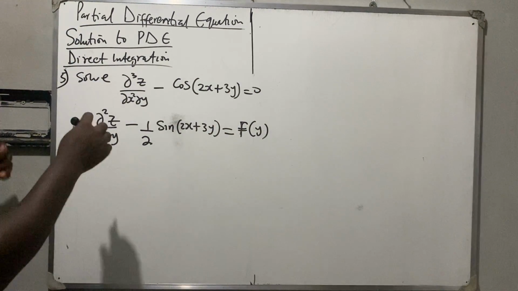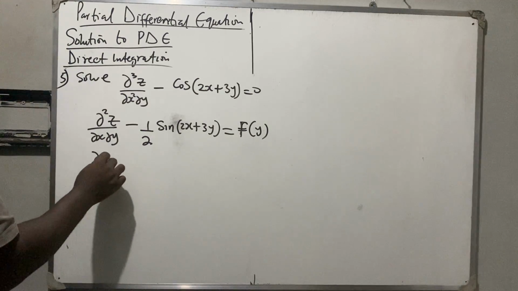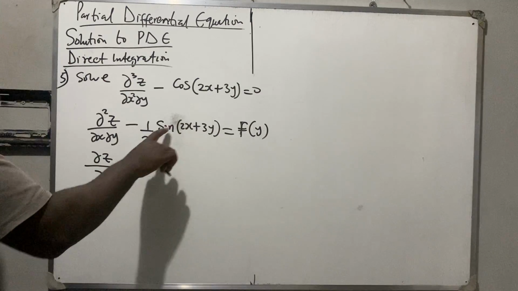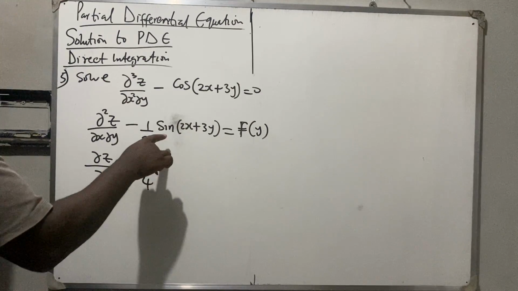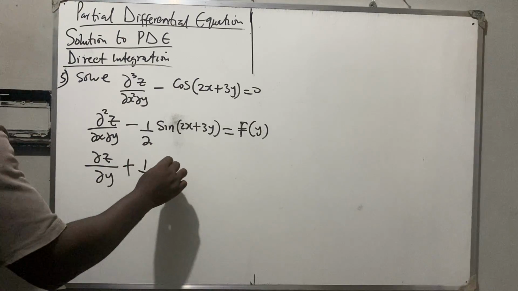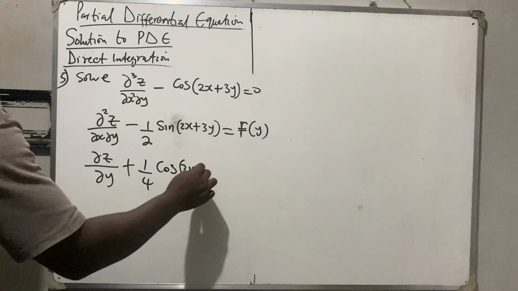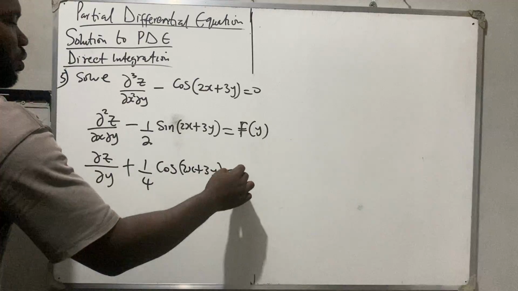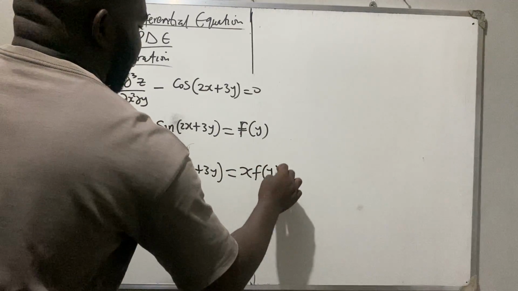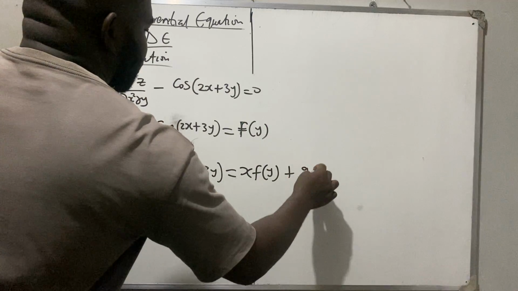So another one, integrate again with respect to x to have partial z over partial y remaining, minus, this is 2, bring it down to have 1 over 4. But integration of sine is minus cos, so here it becomes plus. So it's going to be plus cos(2x plus 3y), is equal to, integrating with respect to x, I have x coming in as a function of y, then plus another function of y.